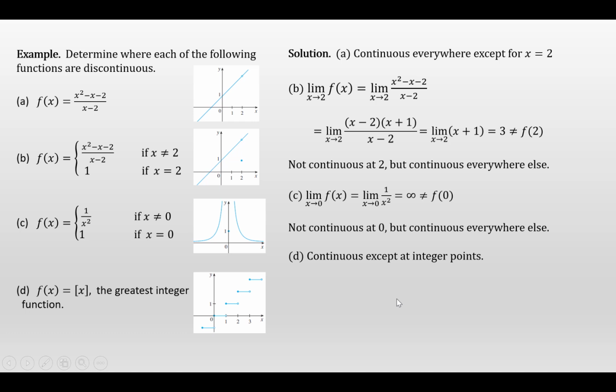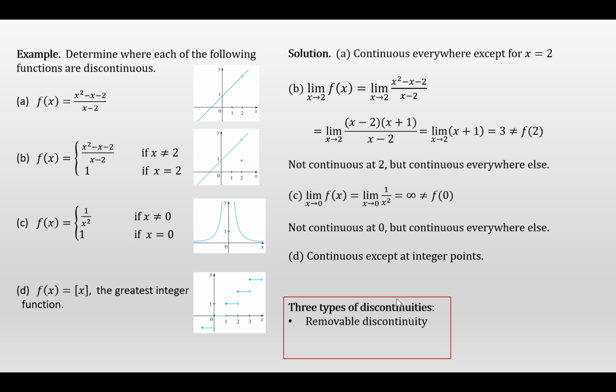Okay. Now these examples show 3 types of discontinuity. First, there is the removable discontinuity. Those are the ones that look like questions A and B. So the limit does exist, but the limit does not match with f(a), or f(a) is undefined.